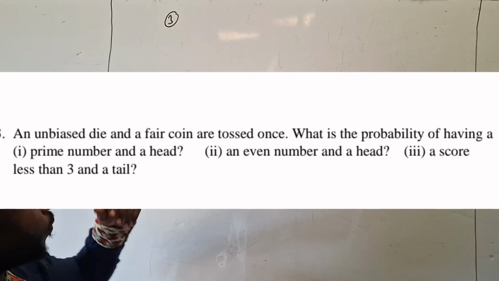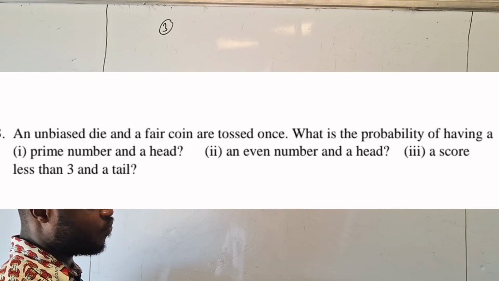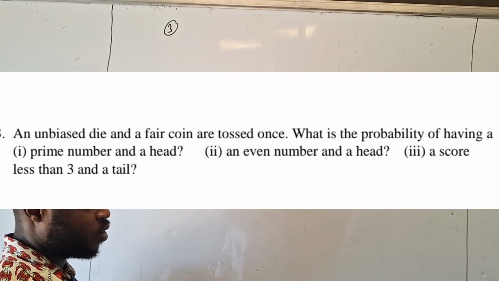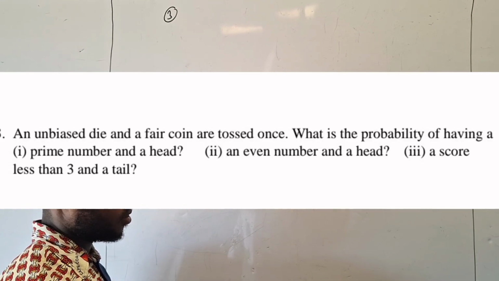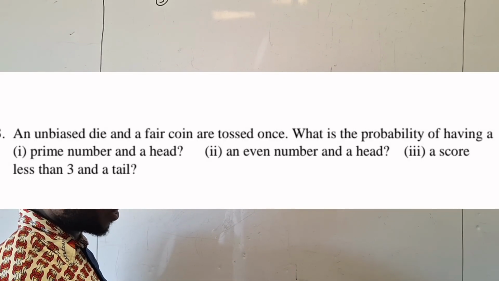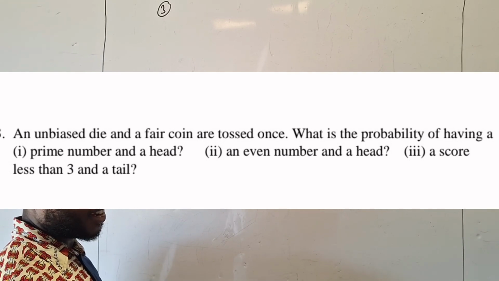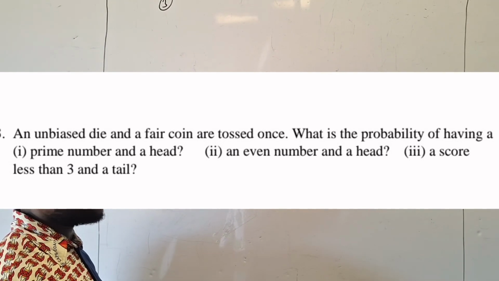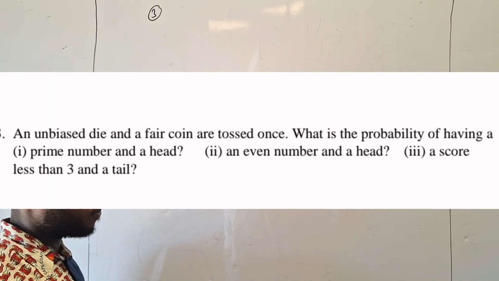So question 3 says an unbiased die and fair coin are tossed once. What's the probability of having a prime number and a head, an even number and a head, a score less than 3 and a tail? Here we have a coin and a die, unbiased. I've explained the unbiased: when you throw it, you allow it to settle naturally.